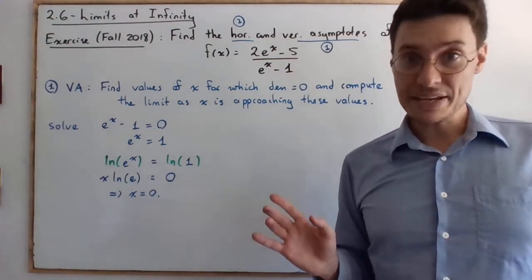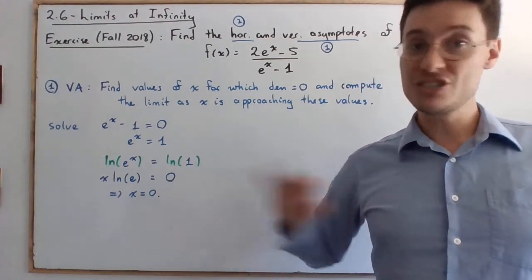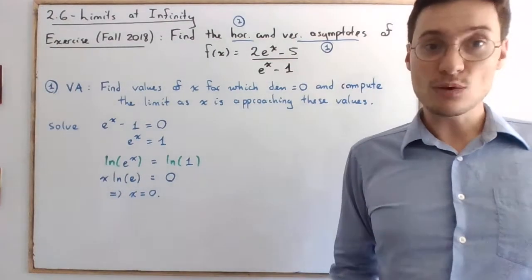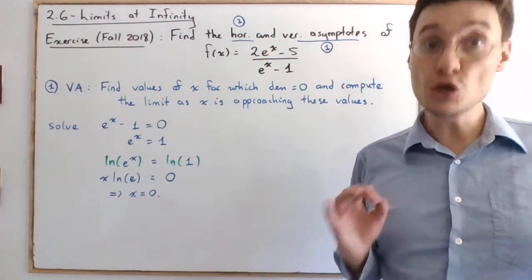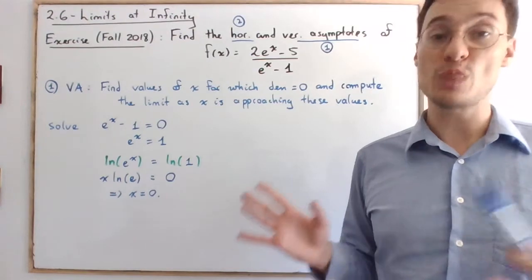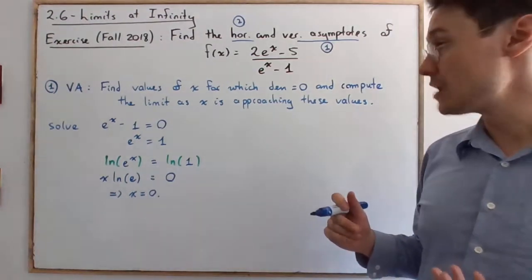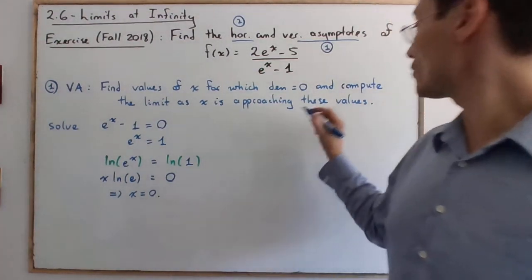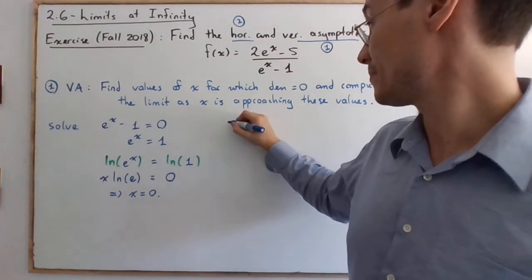A big mistake would be to stop there and just say that x equals 0 is a vertical asymptote. It could be, but it could also not be. How do we know? By actually writing the limit.